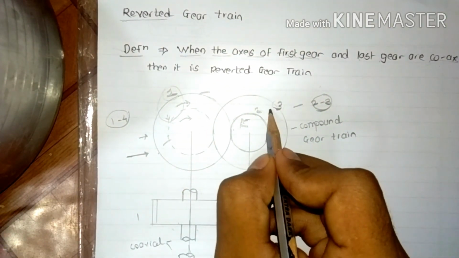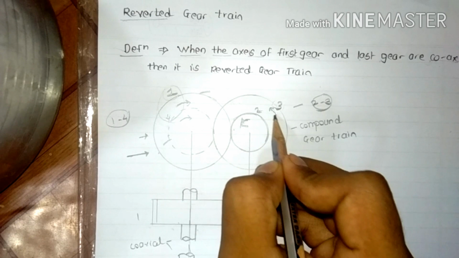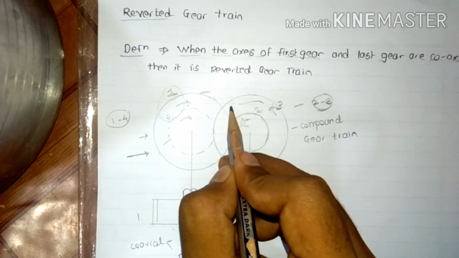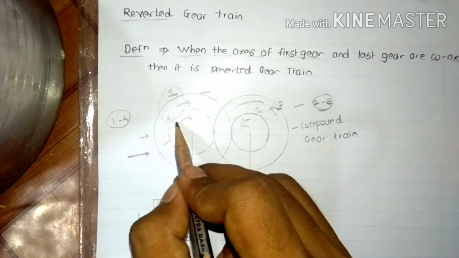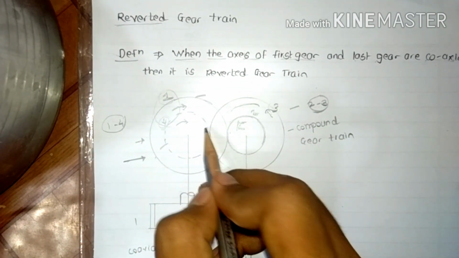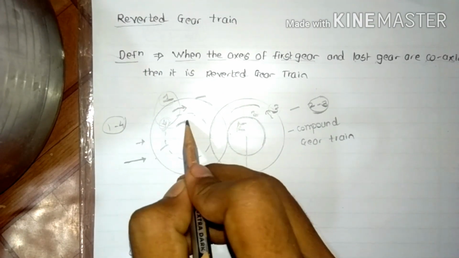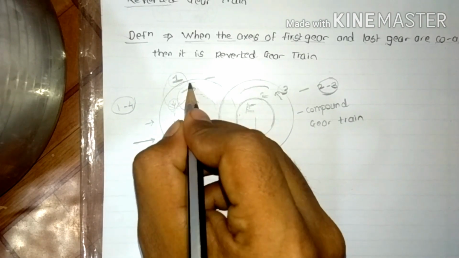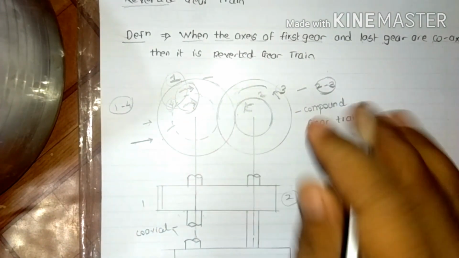So this third gear will also rotate in anti-clockwise direction, and it is meshing with the last driven, that is fourth gear. So fourth gear will rotate in clockwise direction.